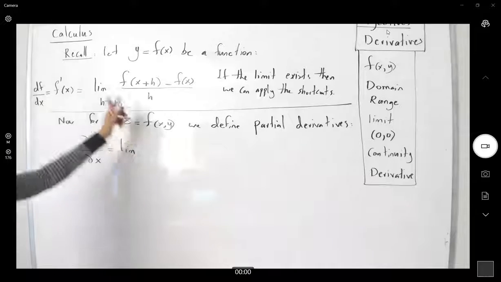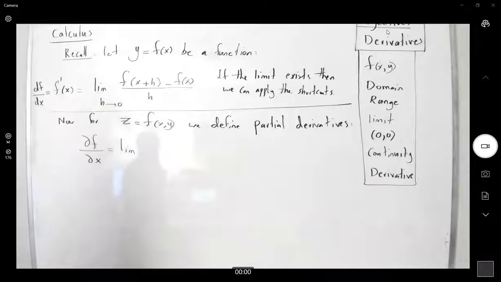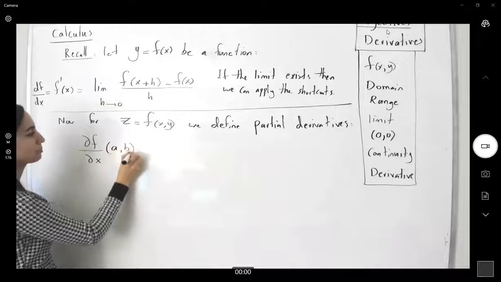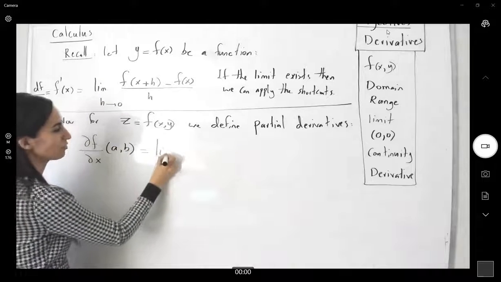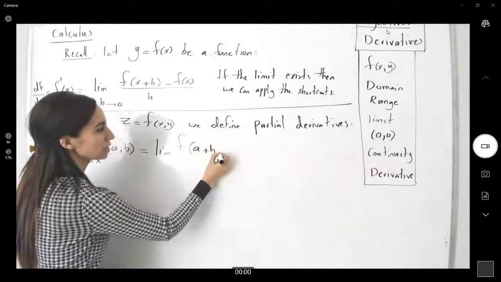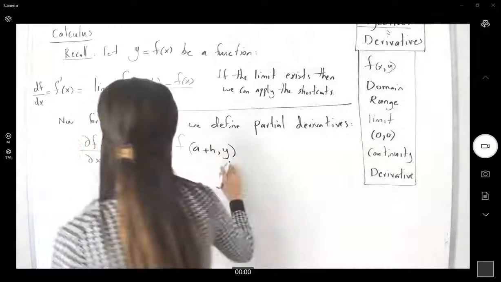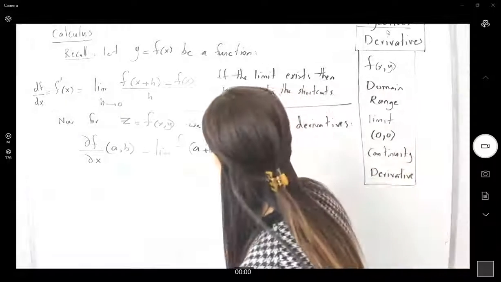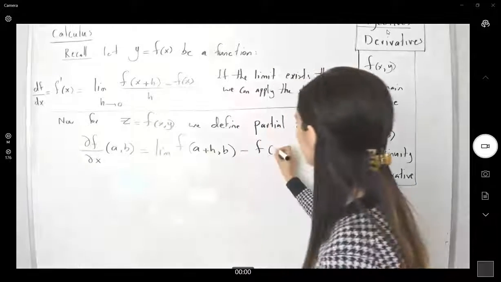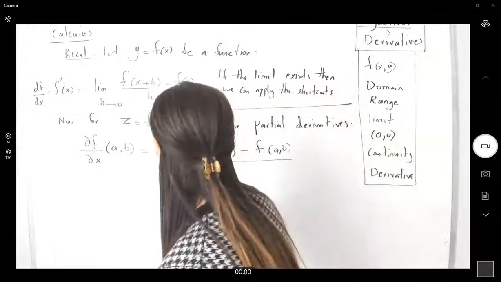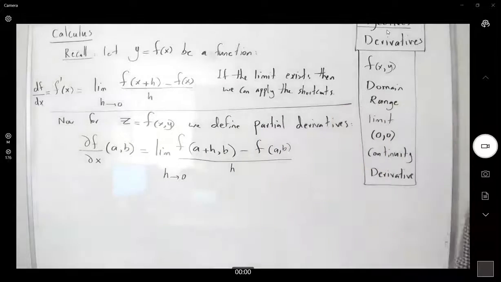So again, we have the limit definition of the function. Let us take the point (a, b). It equals the limit of f of a plus h and y, so your y is replaced by b, minus f of a and b, divided by h as h goes to 0.